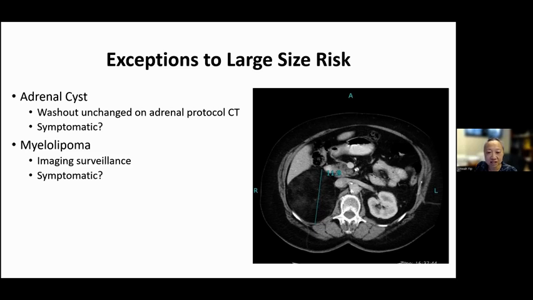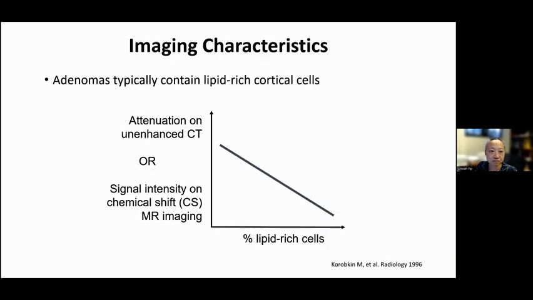In addition, I like to see that there's a relatively homogeneous, fatty, low density Hounsfield unit within the mass. If there's any area that looks heterogeneous or a little bit more dense, then I tend to get a little bit more concerned that maybe this could be something besides just a plain old myelolipoma. So these don't usually need surgery, but you just have to be very careful about assessing these accurately before you make that decision.